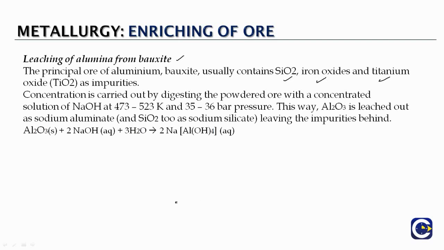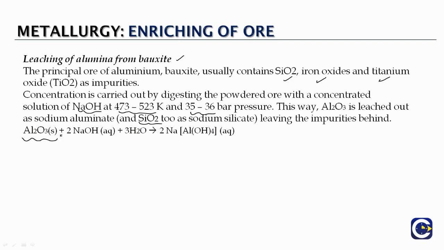Now when we dissolve the powdered ore with NaOH at a temperature of 473 to 523 K and a high pressure range of 35 to 36 bar, what we will be able to see is Al2O3 will be leached out as sodium aluminate, and along with Al2O3 there will also be silicon dioxide, which gets leached as sodium silicate. So the other impurities, oxides of iron and titanium, will be left behind.